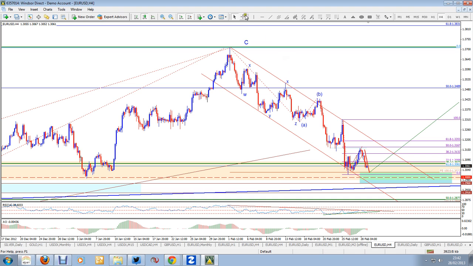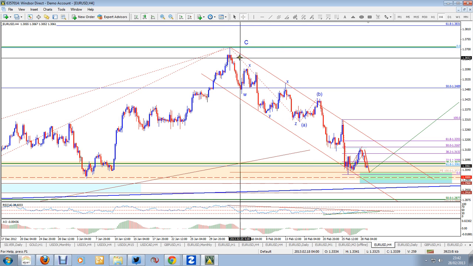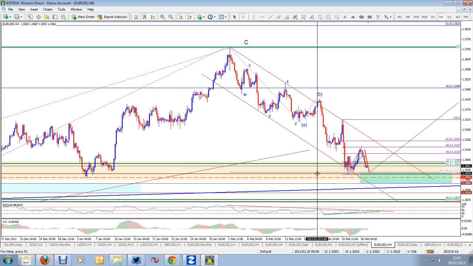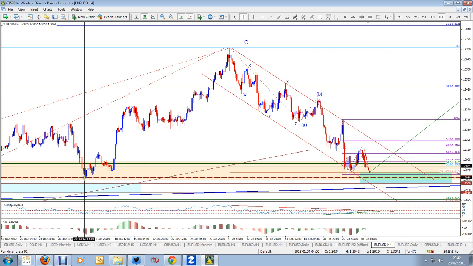is that if I was to put this swing here, from there we get 100% coming into this area, and we've got several other Fibonacci also coming into that area. And see this low here, that comes in at just exactly the same level that we had back in 2012 in January, February, March and April, where we found that support.